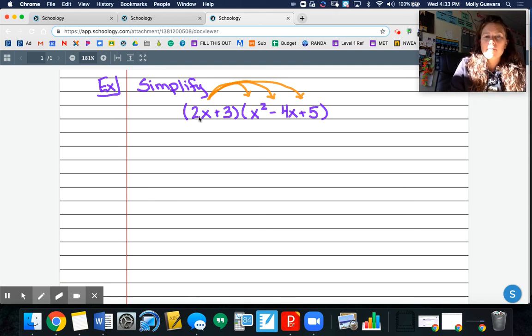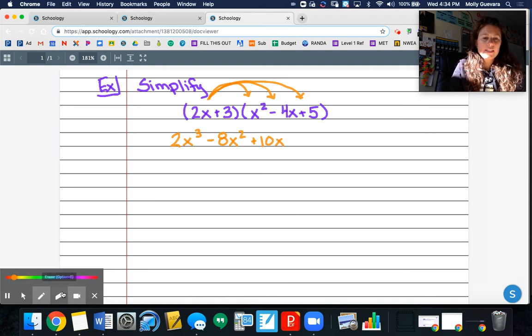So let's do that first. 2x times x squared gives me 2x cubed, right? 2 times the 1 here gives me 2, and then x times x squared is x cubed. 2x times negative 4x is negative 8x squared. x times x is x squared. And then 2x times 5 is 10x. So that's step 1.